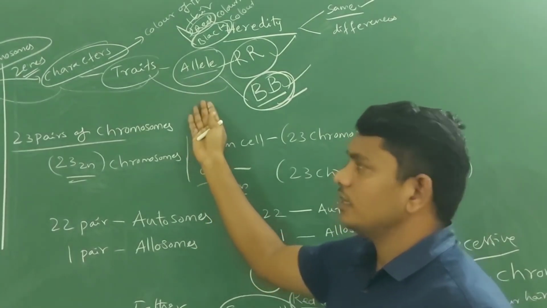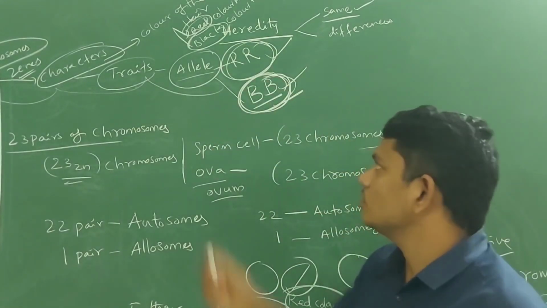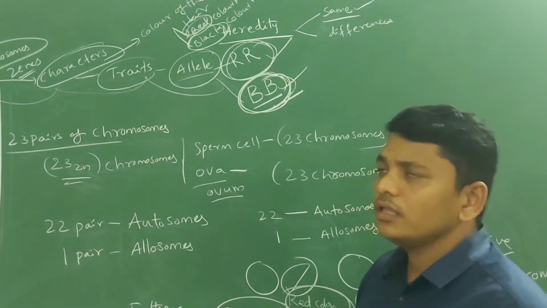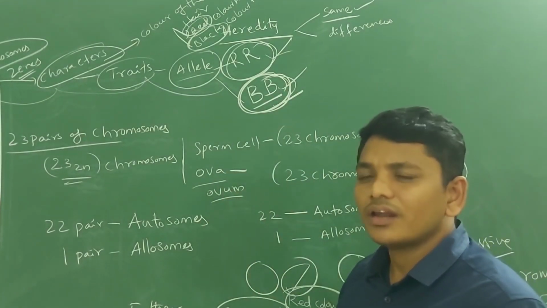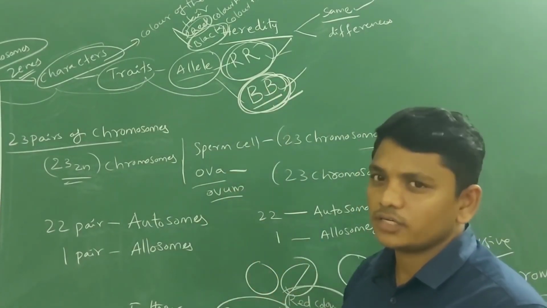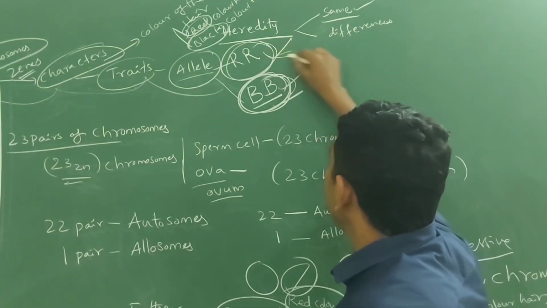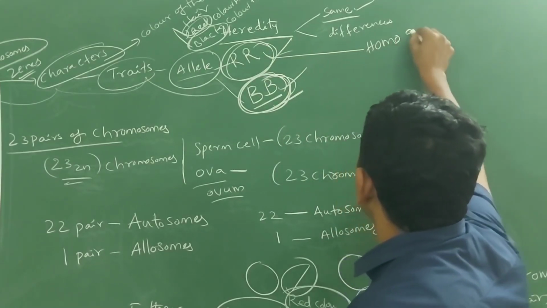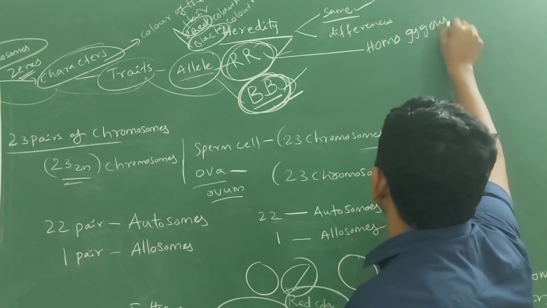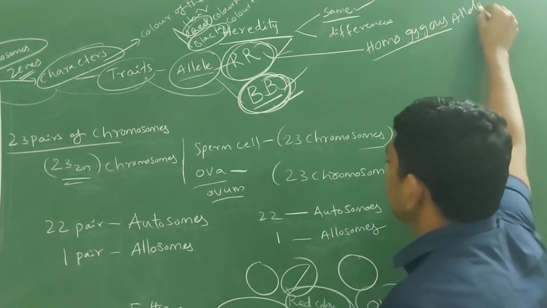These alleles are generally represented with English letters. So, big R means red color, and b means black color. We are just representing with these English letters only. Okay. If I use RR, it is called a homozygous allele.